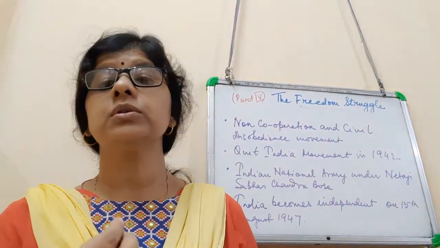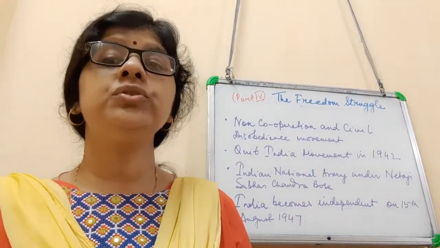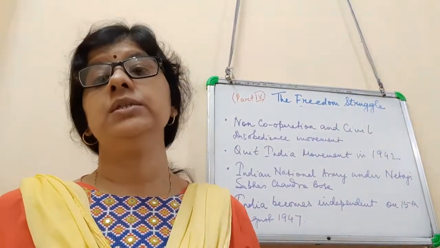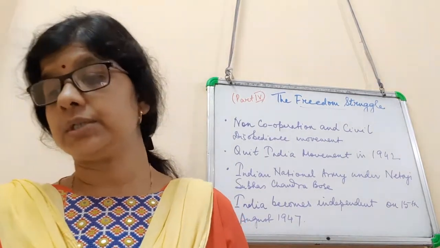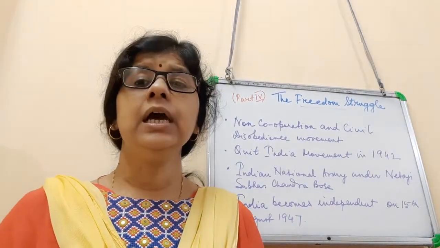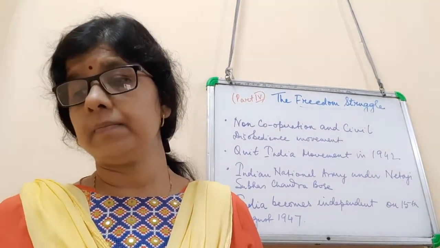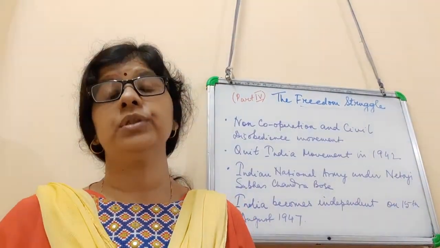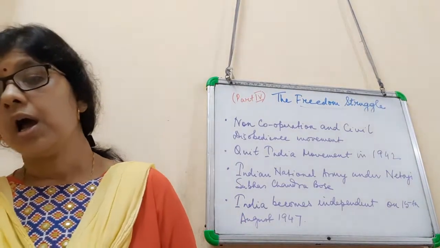Subhash Chandra Bose was one of the revolutionary leaders who thought it was necessary to use violence to overthrow the British, and he formed the Indian National Army, also called the Azad Hind Fauj.